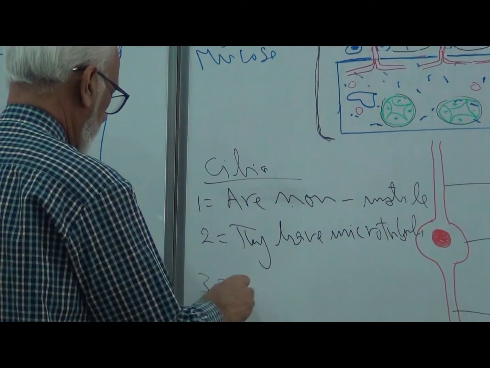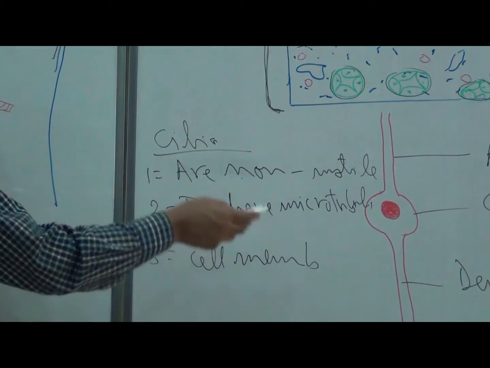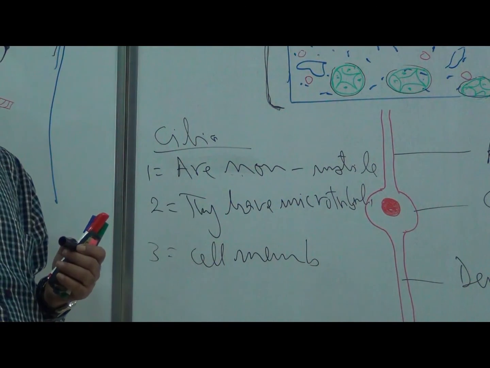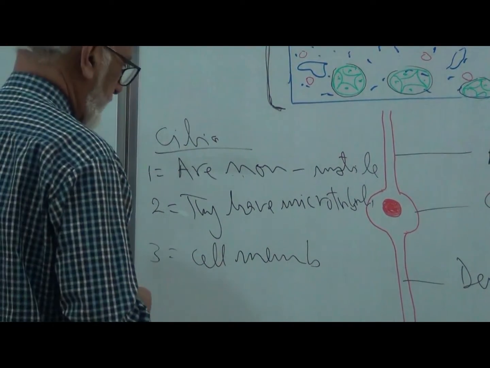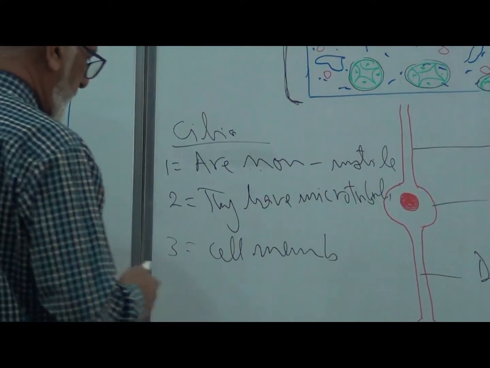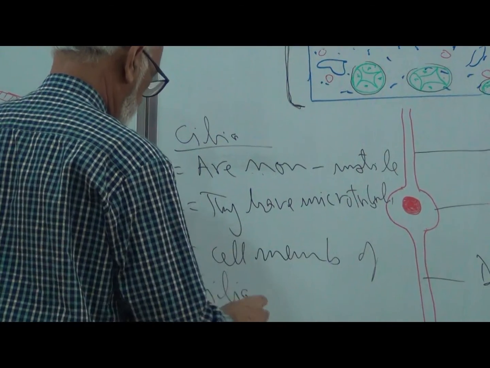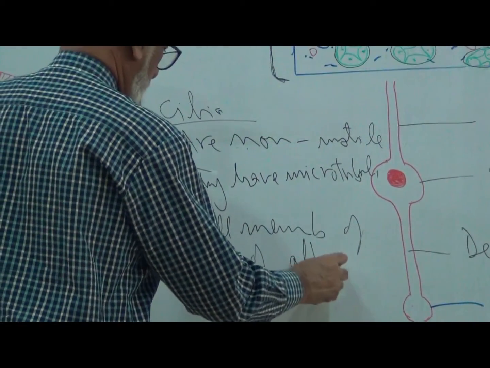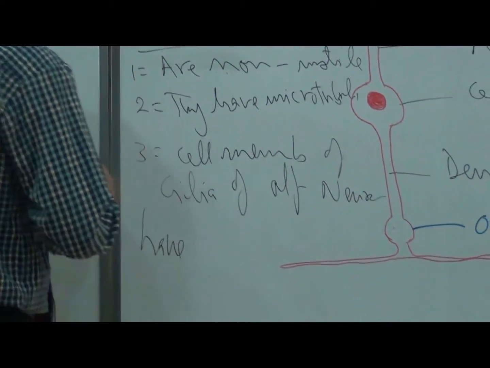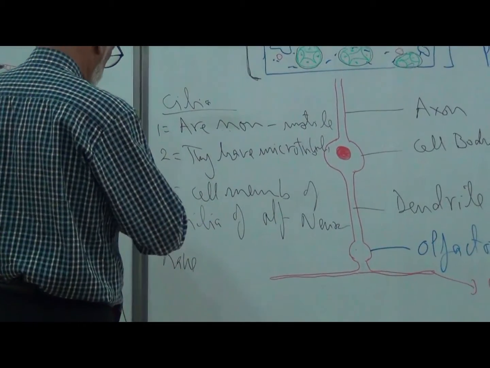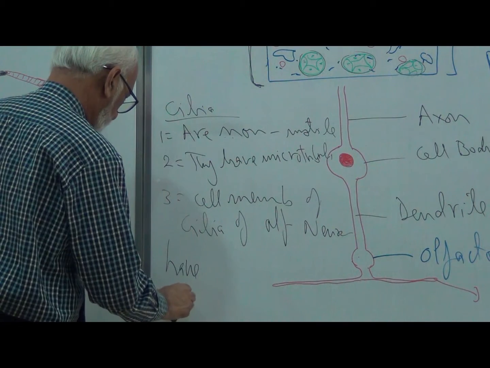Because cilia are cytoplasmic processes, the cell membrane surrounds the cytoplasm, and inside the cytoplasm are the microtubules, etc. So the cell membrane of cilia of olfactory neurons has odorant binding proteins.